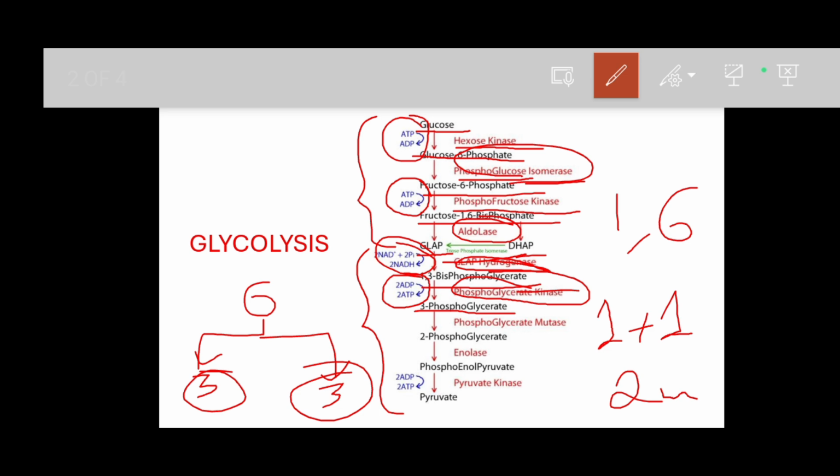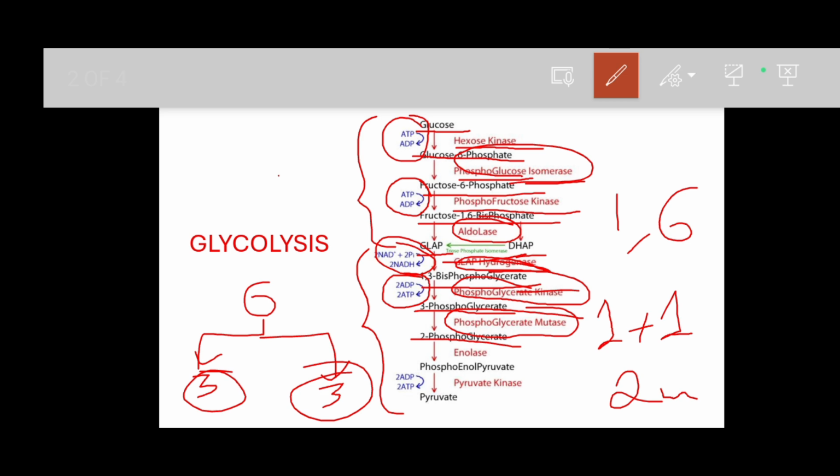The next step involves conversion of 3-phosphoglycerate to 2-phosphoglycerate. The enzyme involved here is phosphoglycerate mutase. So 3-phosphoglycerate contains a phosphate group at the third position, while 2-phosphoglycerate contains the phosphate group at the second position.